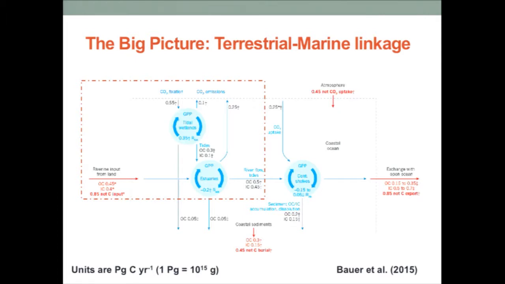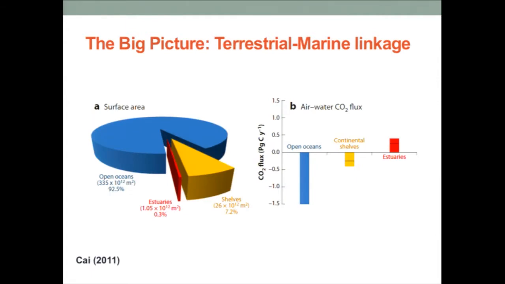In terms of what's going on at this interface between the terrestrial and the coastal marine environment, what we've begun to discover is that this rather small area, this little sliver here, which is termed just estuaries from Cai's 2011 paper, but really our wetland, this aquatic terrestrial interface fits within this sliver.